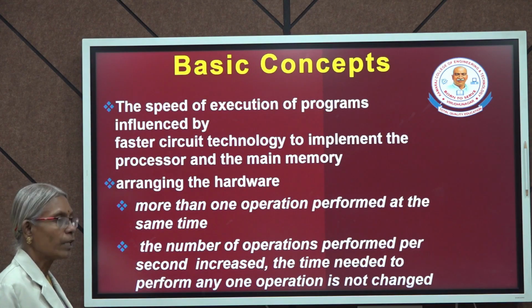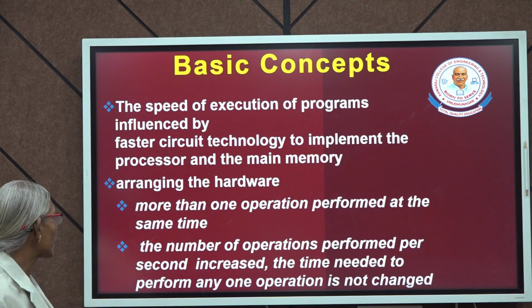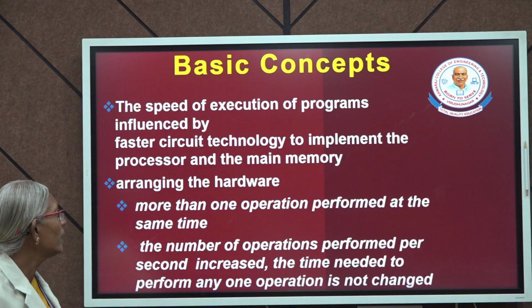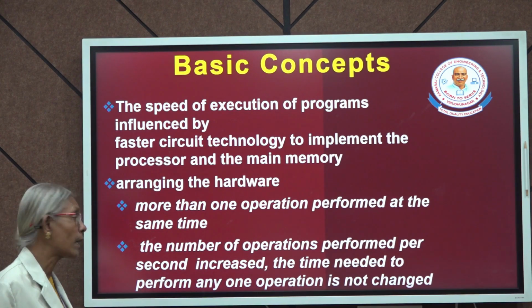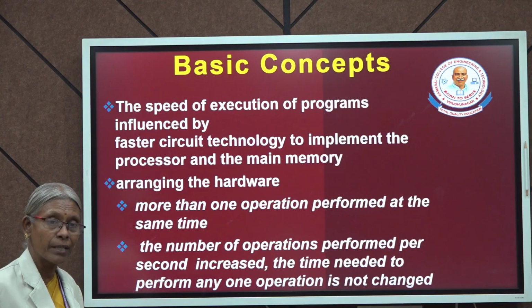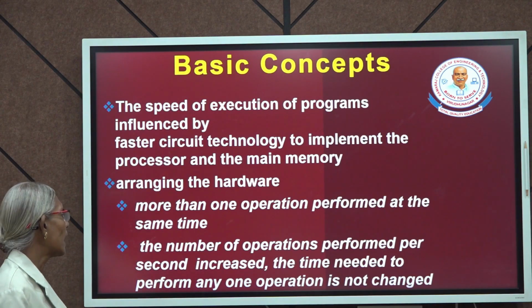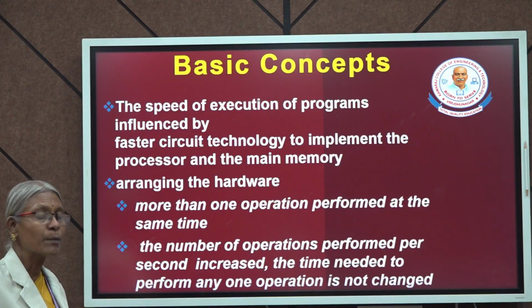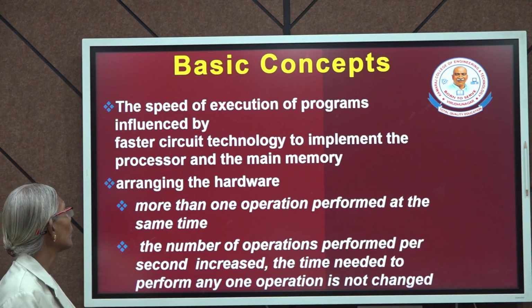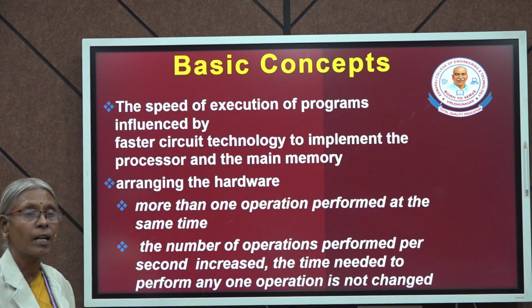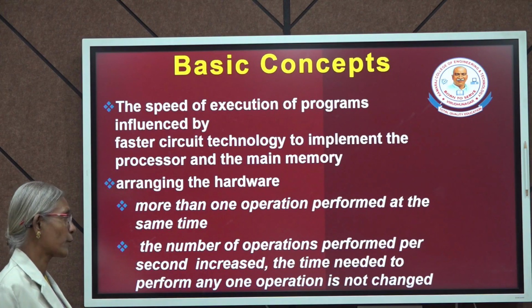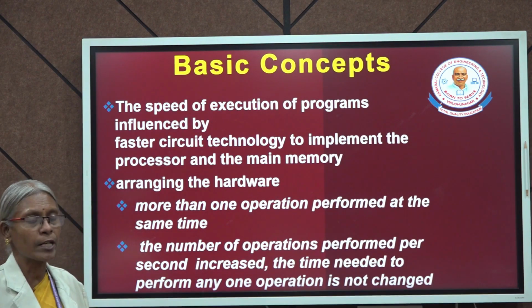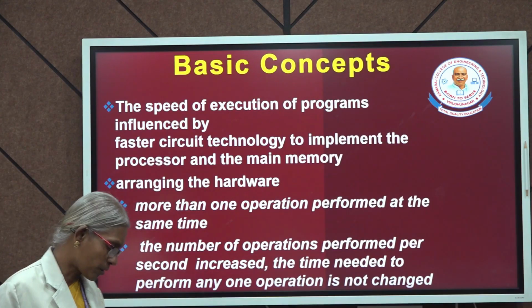Now we are going to arrange the hardware in such a way that more than one operation is performed at the same time. That's where we have the parallelization concept. Also, the number of operations performed per second can be increased. So we make changes in the hardware to address these two. Of course, the time needed to complete one operation is not changed.